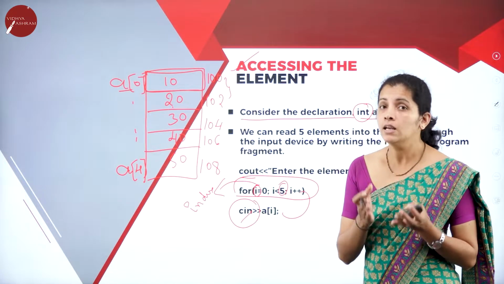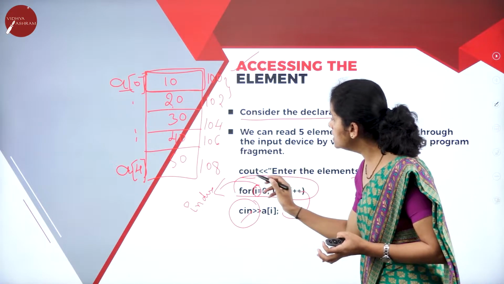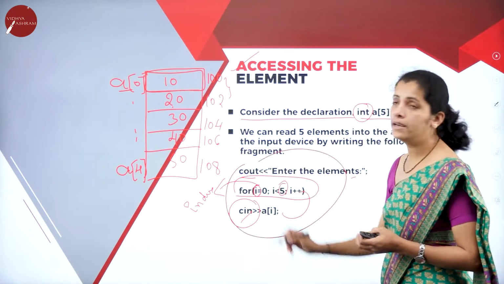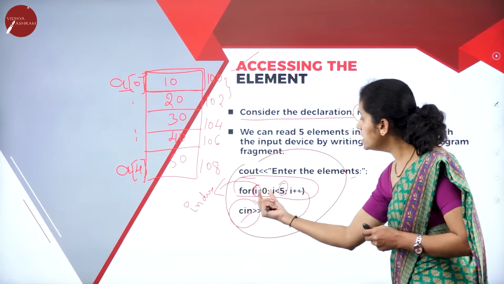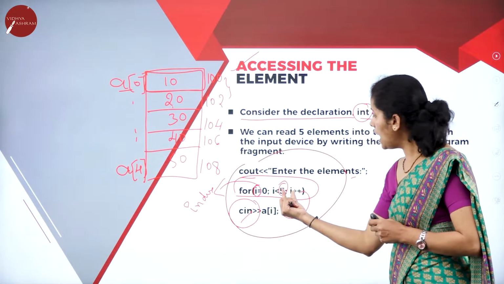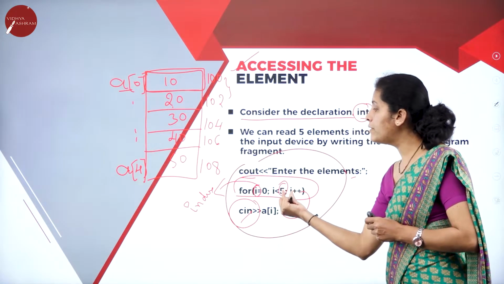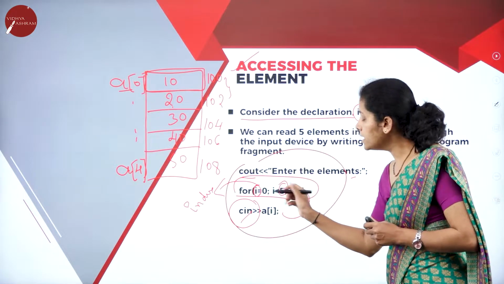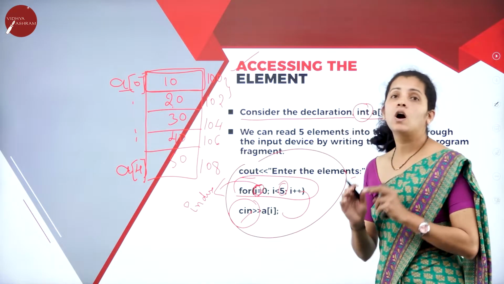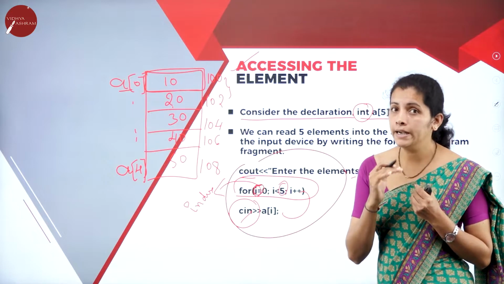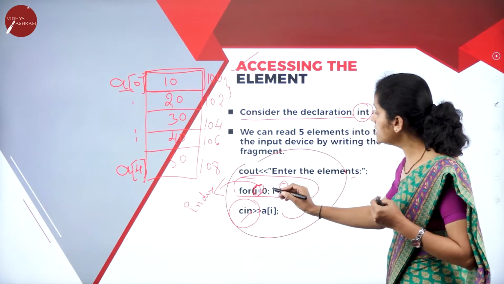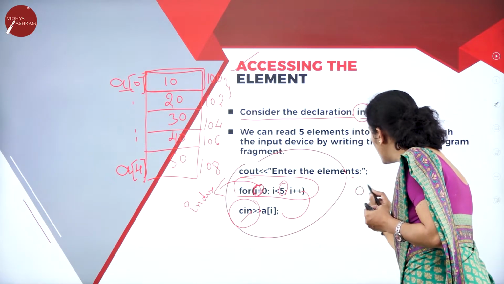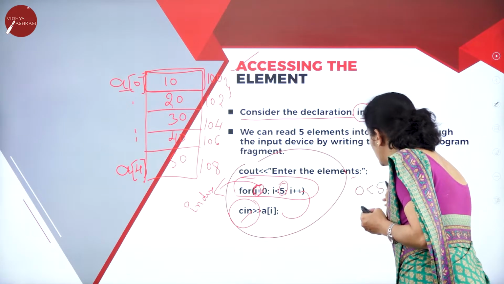Dear student, let me trace this simple example here. Initially I is 0 and I less than 5. Remember one thing here, this I is always going to represent the index. What is the index? It is 0. 0 less than 5, it is true.